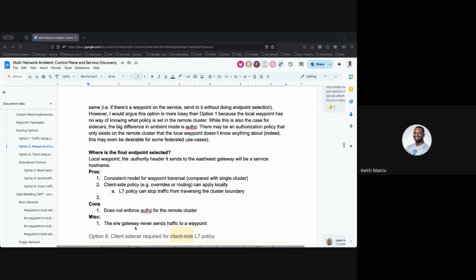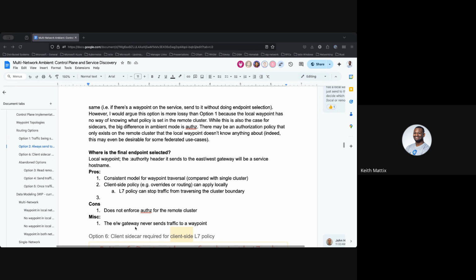The other option, which we've got down as an alternative considered, is you could have both: send to the local and then send to the remote. But then you've got to figure out how to prevent duplicated policy, and you've got a potential looping issue like you have with option 1.